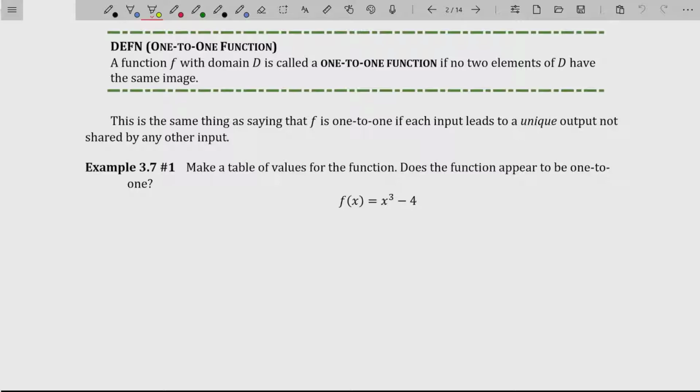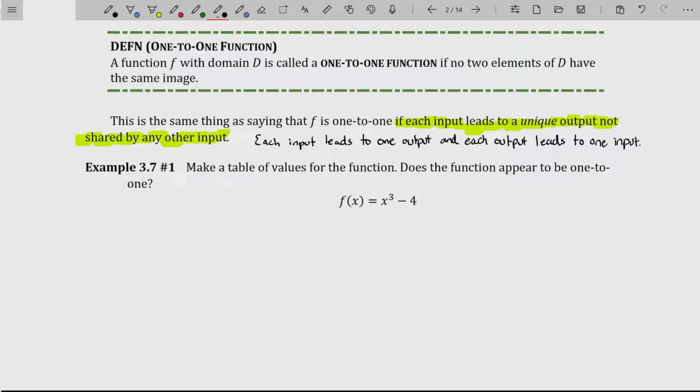That's what I've written here. This is the same thing as saying that f is one-to-one if each input leads to a unique output, not shared by any other input. I probably wouldn't even say it that way, even though I did write that. I think the better way of visualizing this is that each input leads to one output and each output leads back to one input.